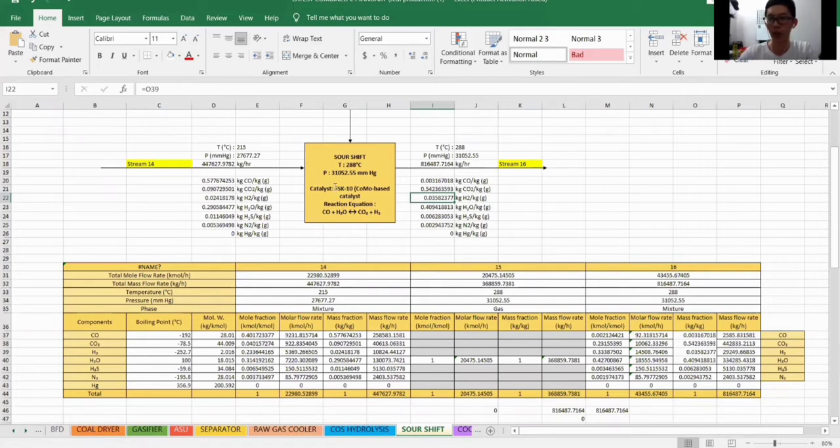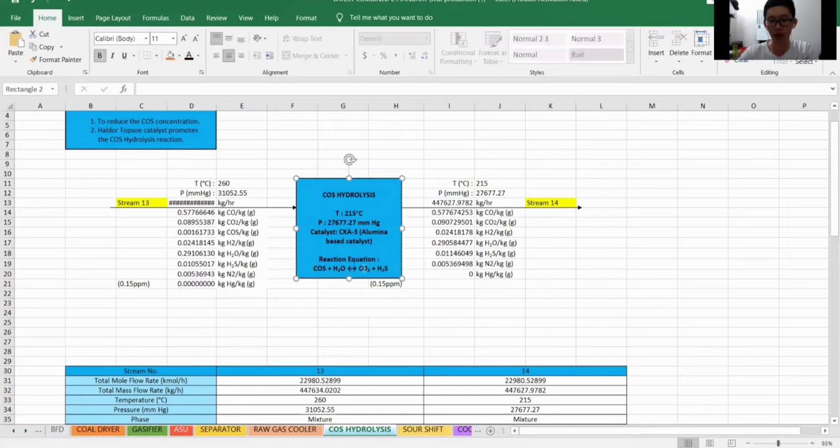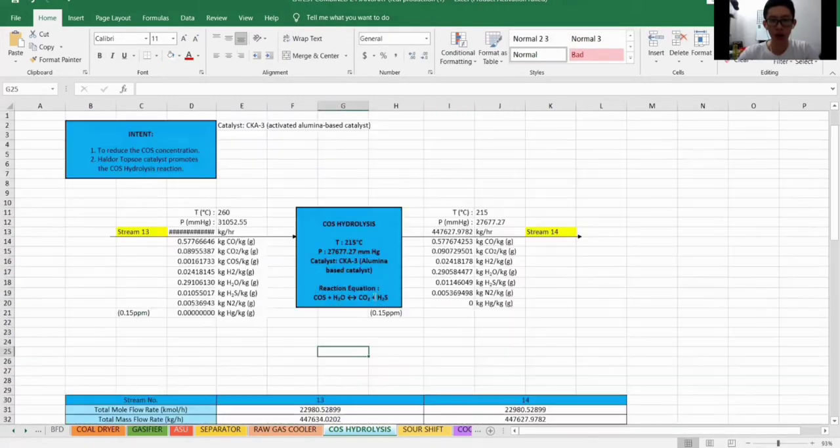This catalyst will be poisoned by COS. That's the reason why, before it enters the sour shift, we need to convert the COS into H2S to avoid poisoning. In this COS hydrolysis, the catalyst that we use is CKA3, which is also a catalyst from Haldor Topsoe. From this, we assume that all the COS will be converted into CO2 and H2S by reacting with water.